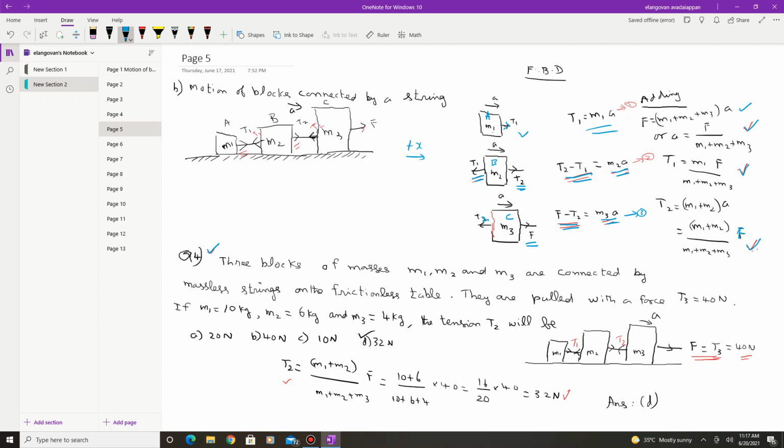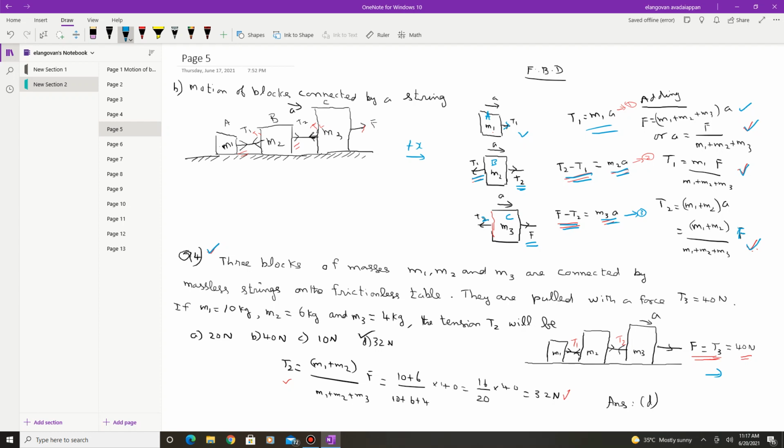They are pulled with a force T3, 40 Newton. If M1, M2, M3, their masses, are given as 10 kg, 6 kg, 4 kg respectively, the tension T2 will be? So the diagram is given. It is moving along the positive direction.